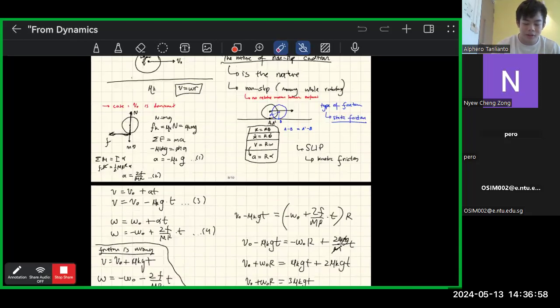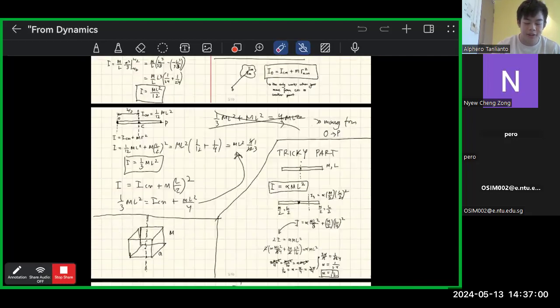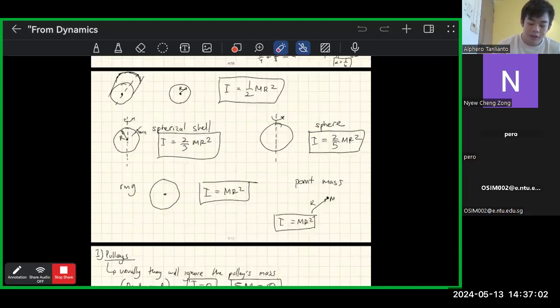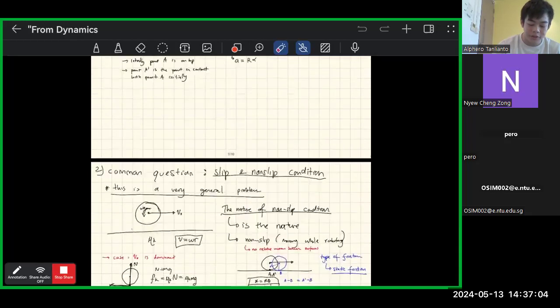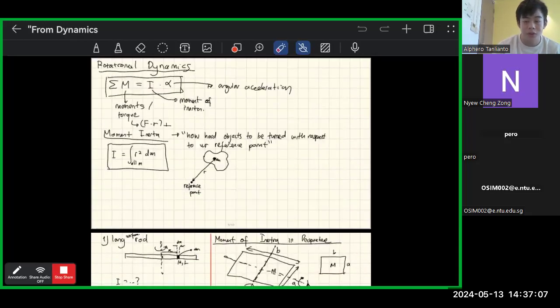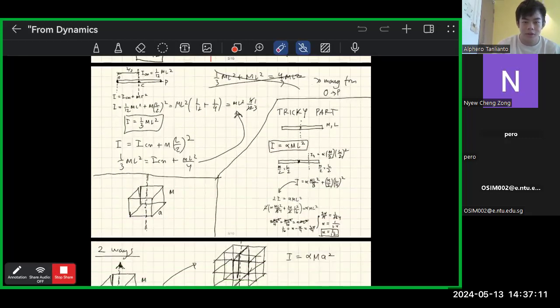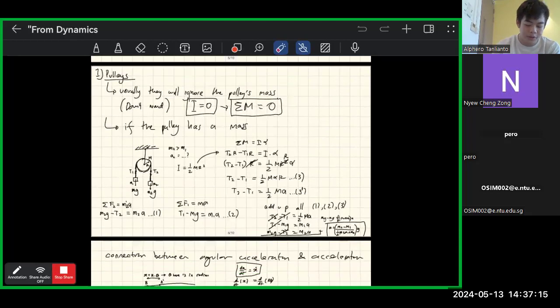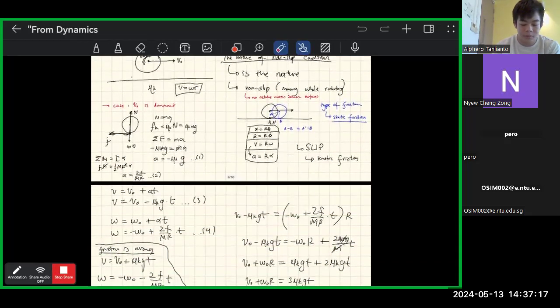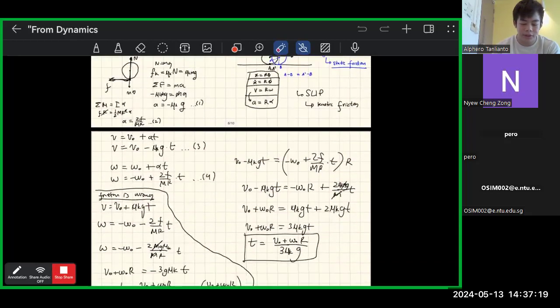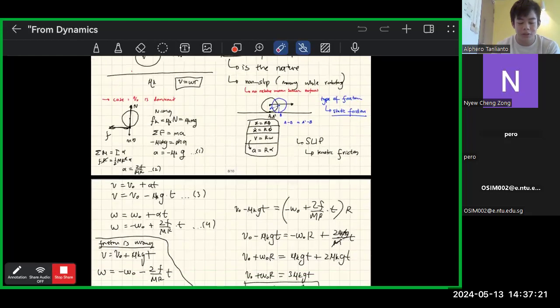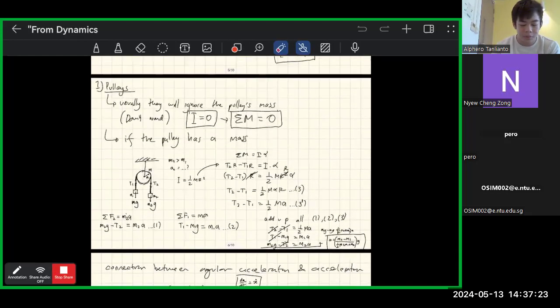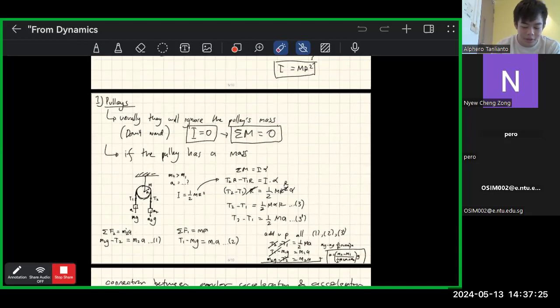Okay, so that's two common questions regarding rotational dynamics. This is all of the rotational dynamics. Any other kind of problem, you guys can ask me about it. Usually the two common problems are pulleys and slip and non-slip. Slip and non-slip I found only 2 or 3 times, but pulleys I found many times.